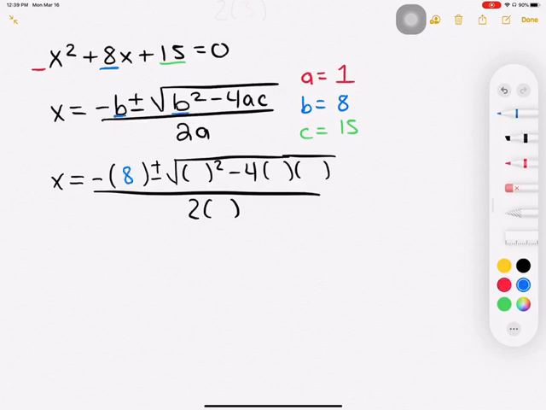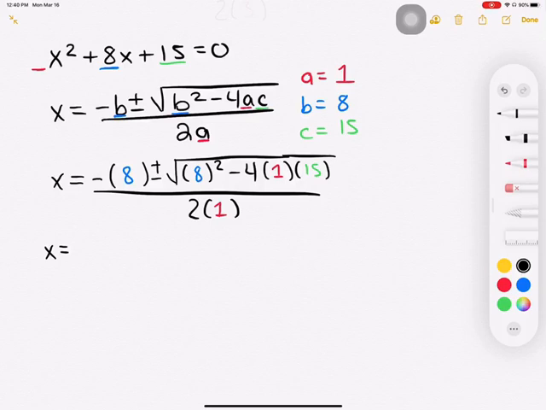So the value that I chose for b is going to be 8. The next value is going to be the values for a, and we chose a to be 1. And the number in the bottom is also a. The last number that we chose from the quadratic equation is going to be c, and this is represented by a 15. So this is where we have to start simplifying this expression as in PEMDAS.